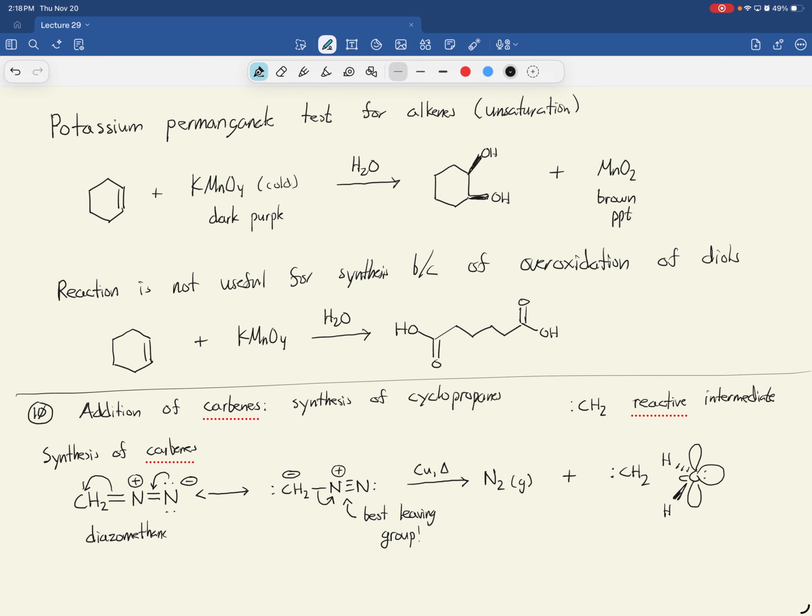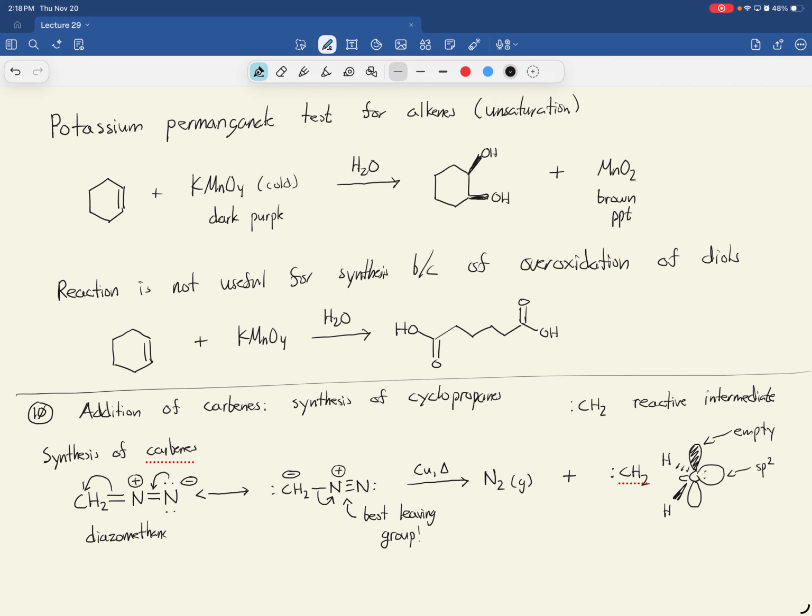And if we draw the p orbital here, the p orbital is empty. So empty p orbital right here.